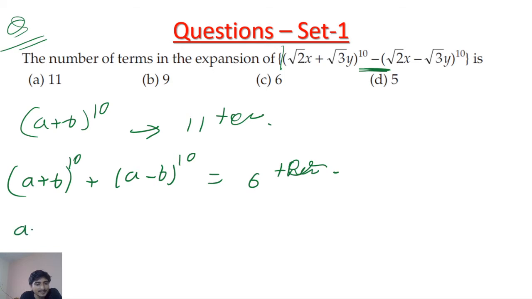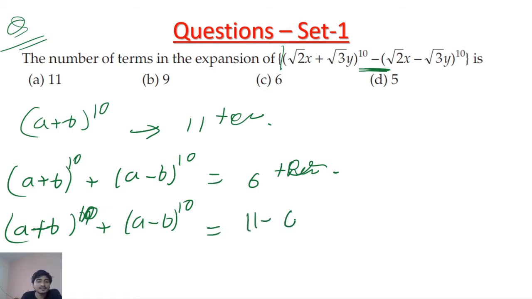When it is negative, so (a plus b) to power 10 minus (a minus b) to power 10, in this case how many terms in total? 11 minus 6 terms, that is 5 terms. Is it clear or not? Shreya or Rachit, if you want more explanation on this, please tell me.